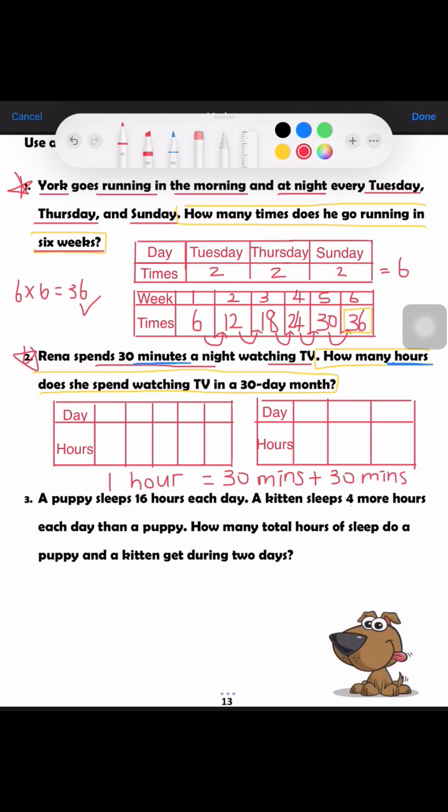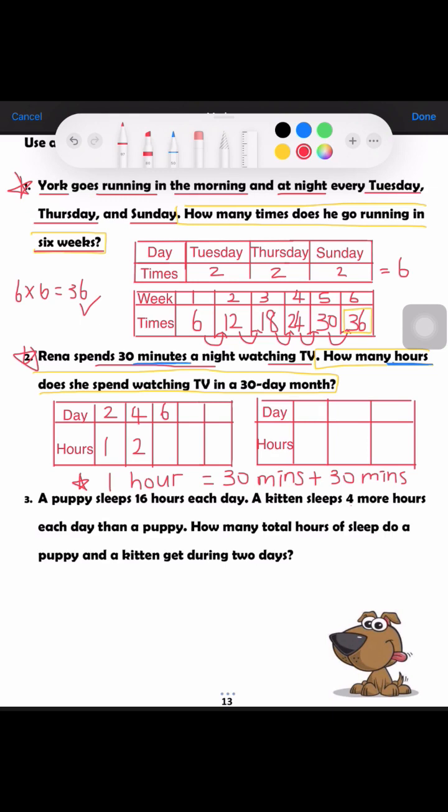So in the first table, we're trying to find how many hours she spent watching TV in 10 days. Because she spent 30 minutes watching TV each day, she spent 1 hour in 2 days. And she spent 2 hours in 4 days.